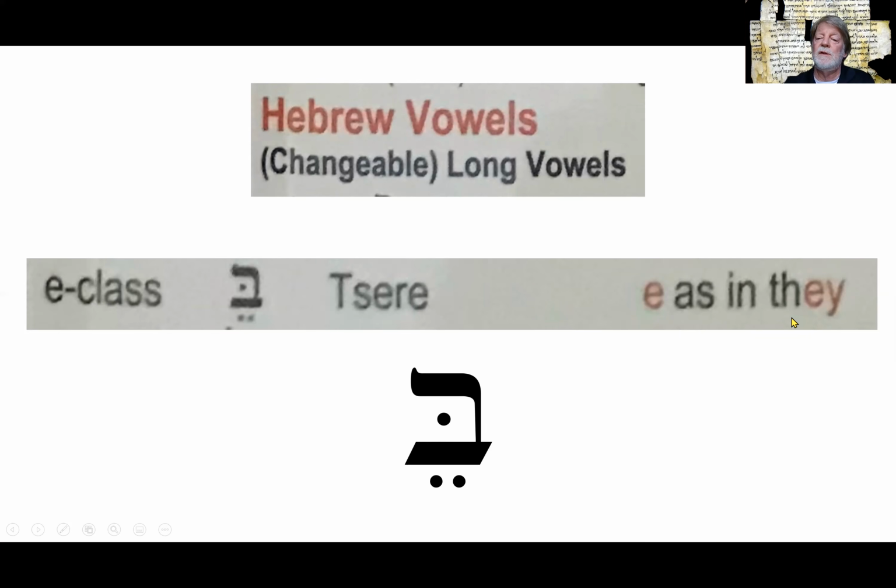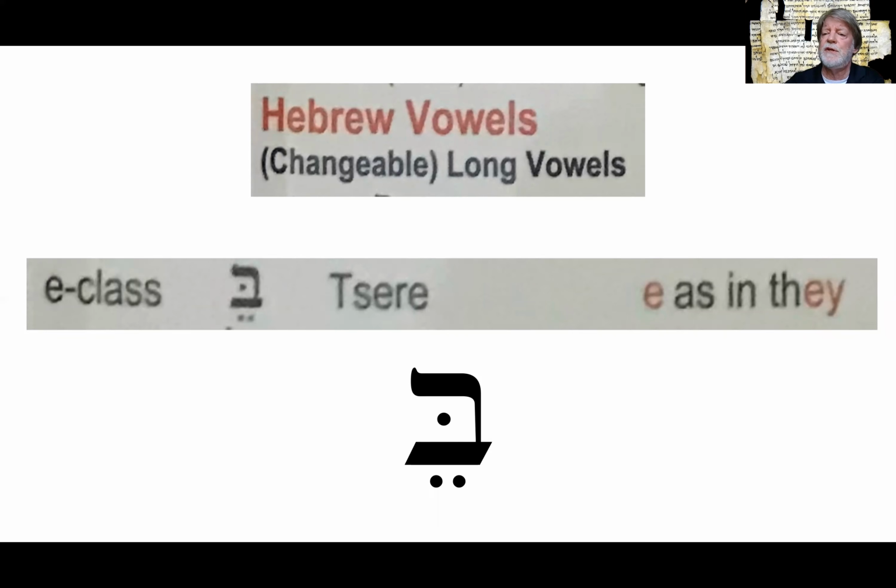Now, in English, there's a word gray. It's a color, and it's spelled G-R-A-Y. And there's a color gray that is spelled G-R-E-Y. The tsere is like in grey with an EY. Now, when I pronounce the word gray, whether it's spelled with an EY or an AY, I say it the same.